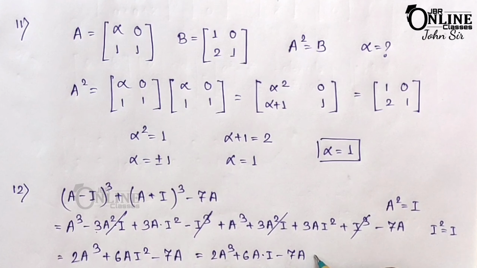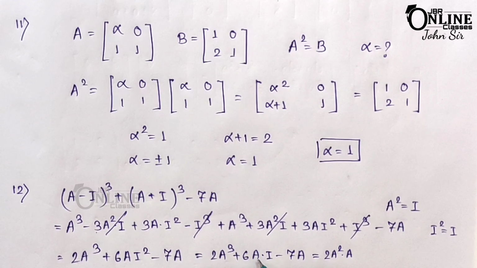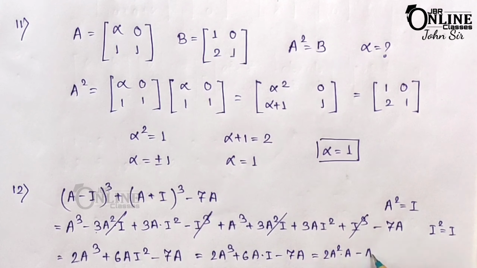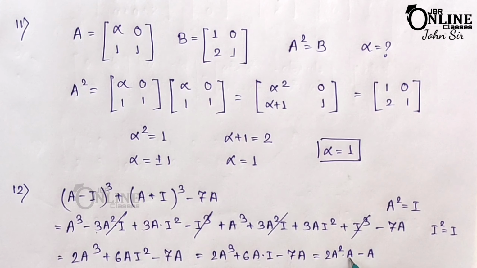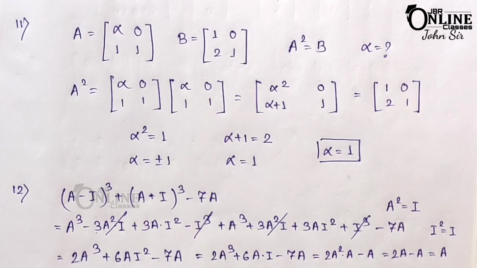So now here it will be 2A cube, that means 2A square into A, and here 6AI means 6A, so 6A minus 7A, that equal to minus A. Now as here A square means I, so 2I into A, it will be 2A, so 2A minus A, and that equal to A is your final answer.